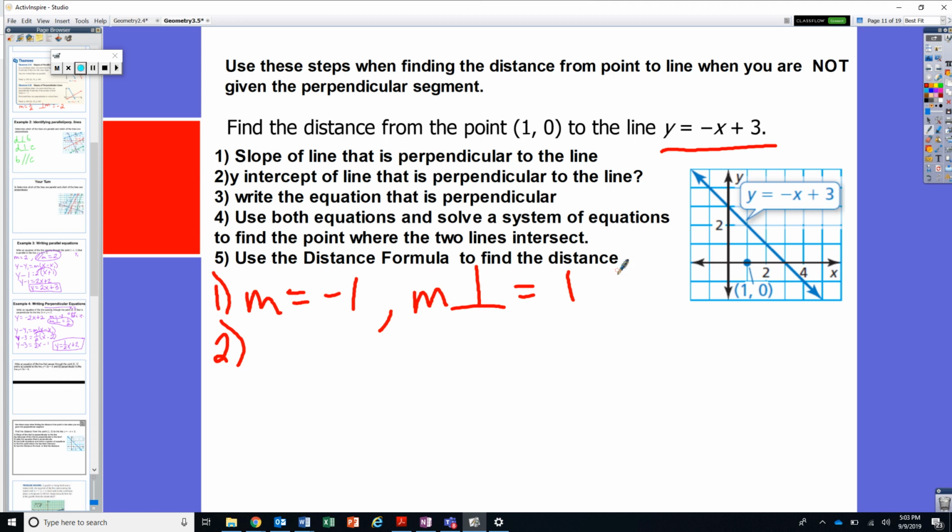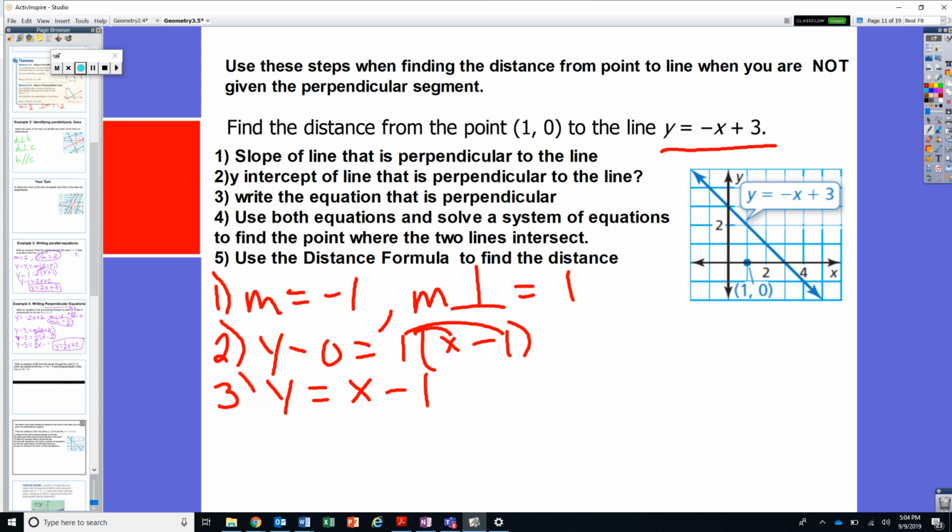So if I use point-slope form, I have y minus 0 equals 1 times x minus 1. This comes out to be y equals x minus 1, since 1 times x is x and 1 times negative 1 is a negative 1.